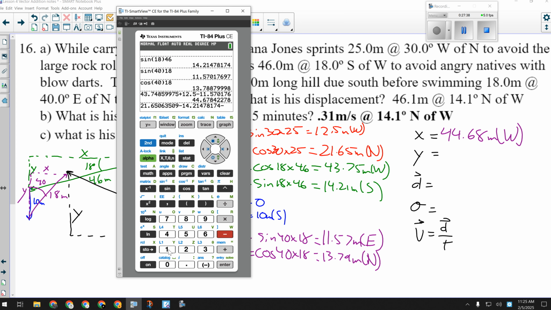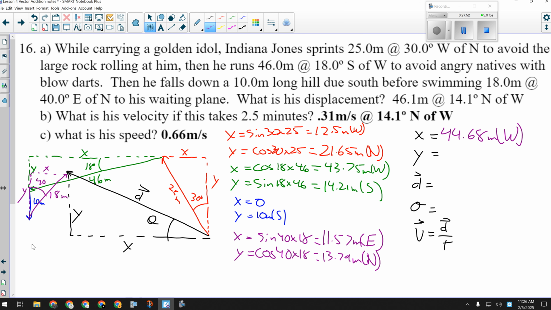And minus 10, because it's due south. And then add on the north one, which is 13.79. So we end up 11.22 meters north. Those agree with my diagram. X is considerably longer than Y. We got north and west there, so we're good.